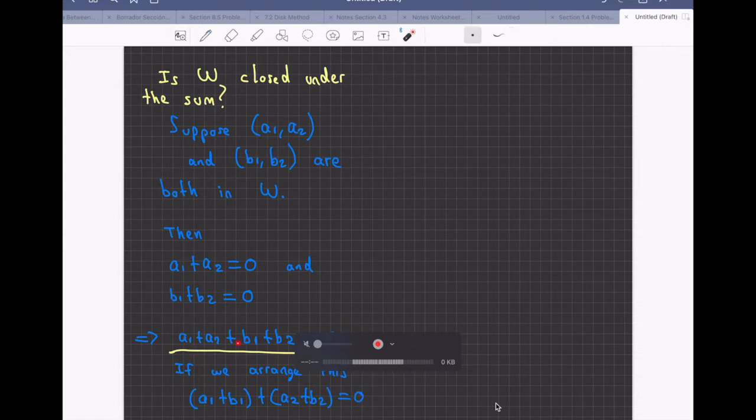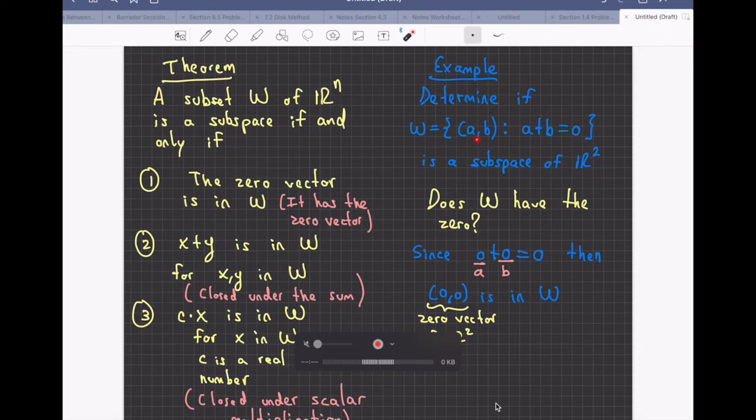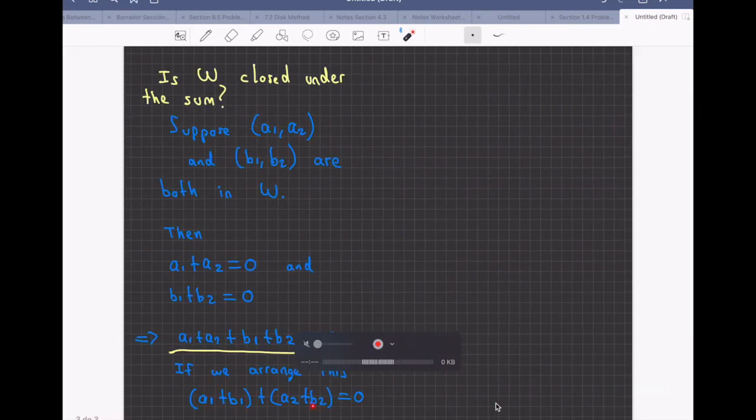I only modify the order of the sum. I can do that because these are real numbers, and the sum here is the sum of the real numbers. So I can express this as A1 plus B1 plus A2 plus B2. But this implies that A1 plus B1, comma, A2 plus B2 is in W, right? Because W has all the elements in that form: all the elements A, B such that the first element plus the second element is equal to 0. So this is the first element and this is the second element.